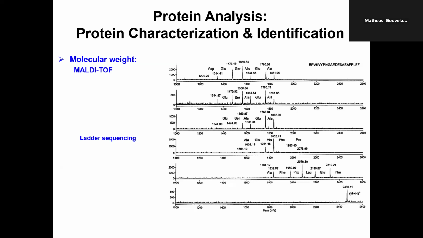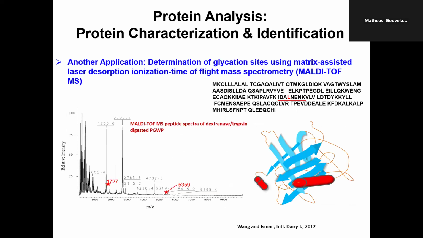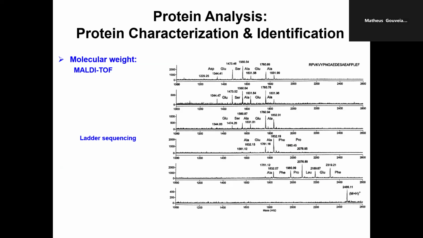From, let's say, 1,229 to 1,344, the difference is aspartic acid. And the next peptide, the difference is glutamic acid. And then serine, alanine, etc. So you would determine not only the molecular weight, but the sequence in this case. You call that ladder sequencing.